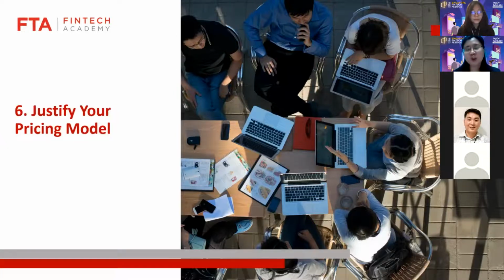Now that you've told your investors what your solution is, are you able to convince them that people are willing to pay the price that you are selling at? So slide 6 is where you put in your pricing model and try to justify that. You can justify your pricing model by showing how other competitors are pricing similar products, or just justifying the rationale for it.